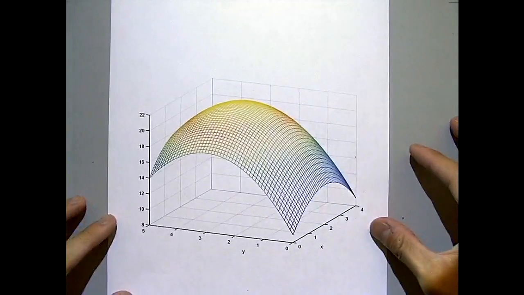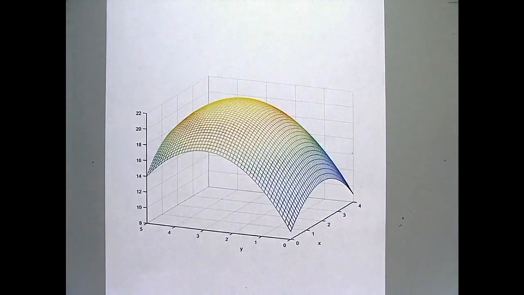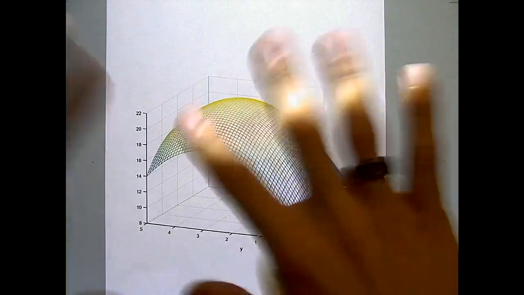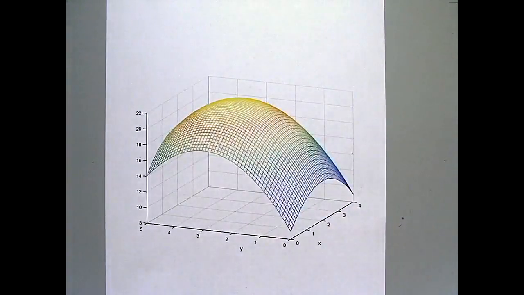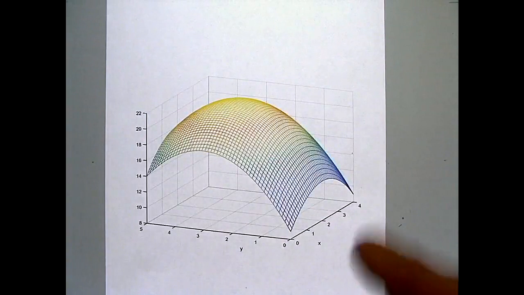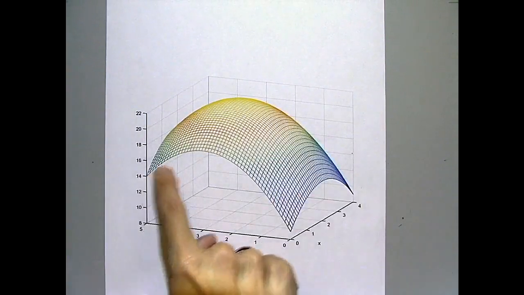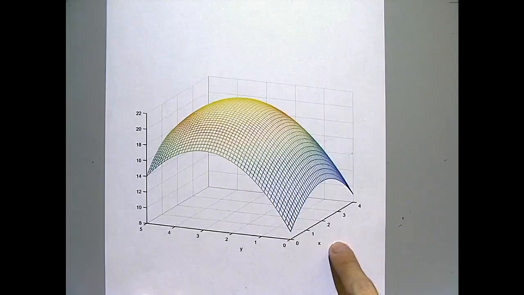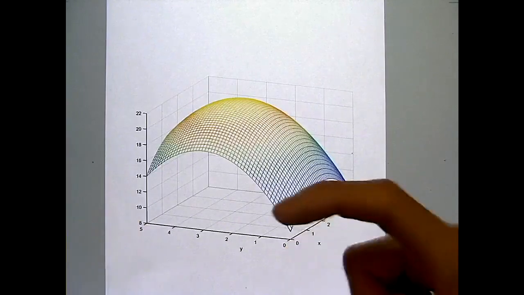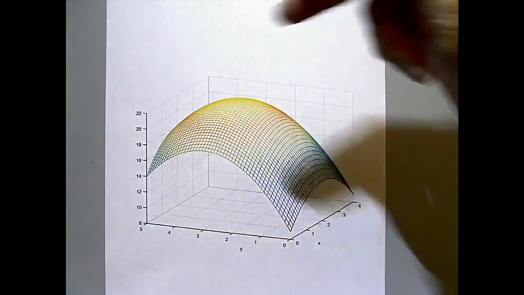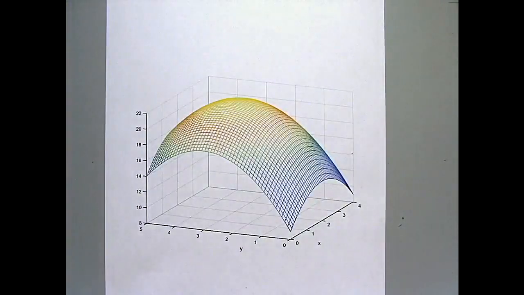Let me show you what the picture looks like. All right, so this is the surface we're talking about. It's a paraboloid of some sort. But we'll only consider a rectangular patch of that. Here's x. X is between 0 and 4. Y is between 0 and 5. So we have a little patch, and we're just looking at this little membrane here, looking for the absolute maximum and the minimum.